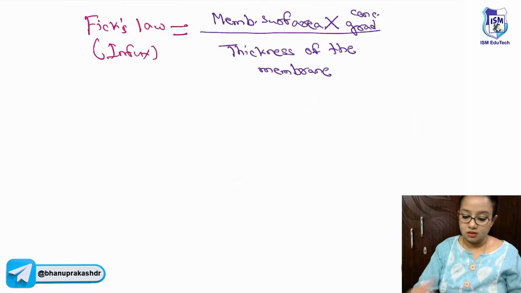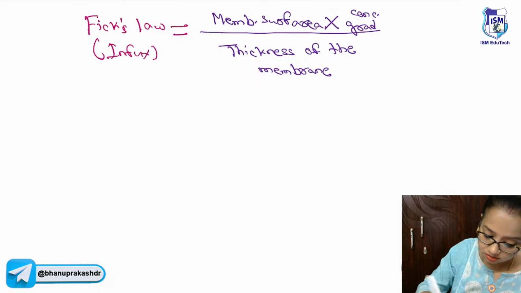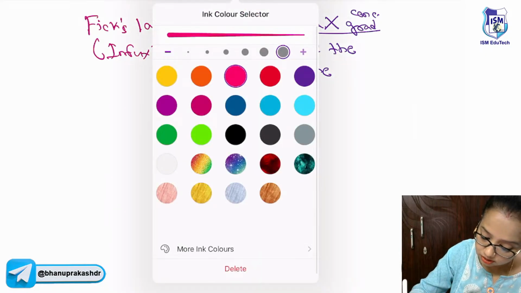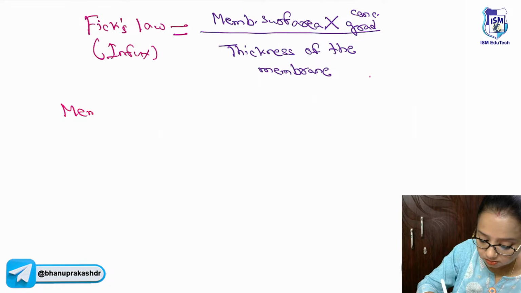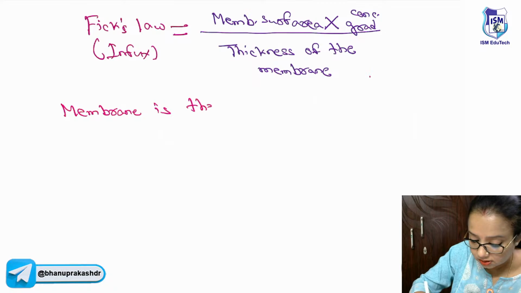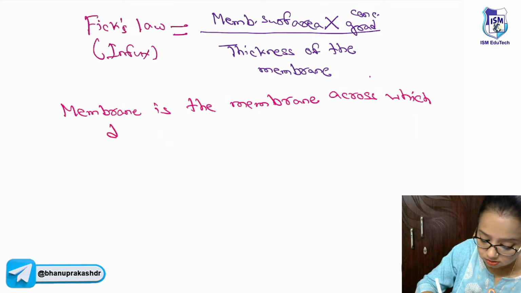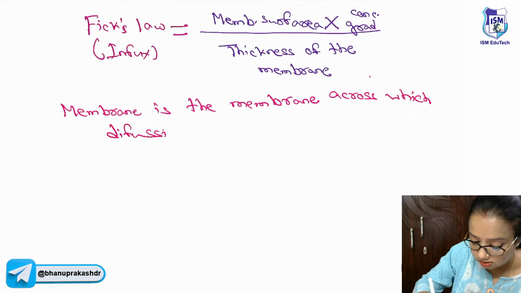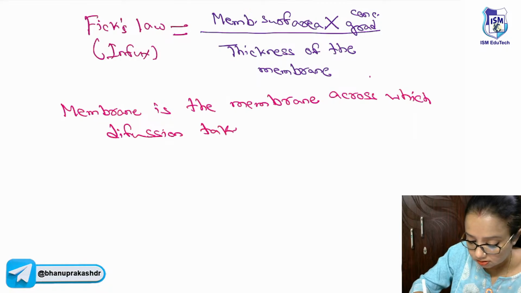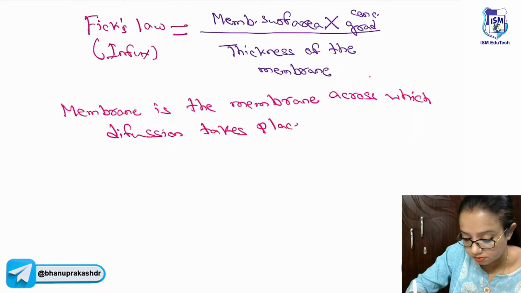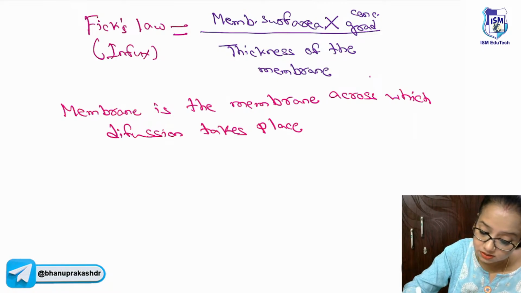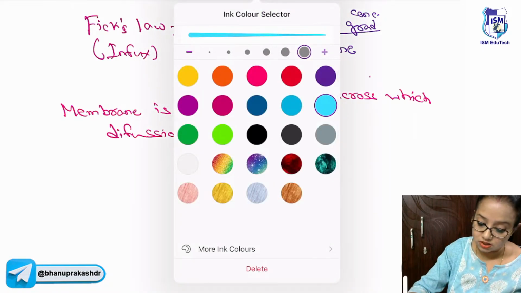Okay. Coming to these points one by one, which membrane are we talking about here? The membrane is the membrane across which diffusion takes place. What example did we study in context to that? Where does diffusion take place?